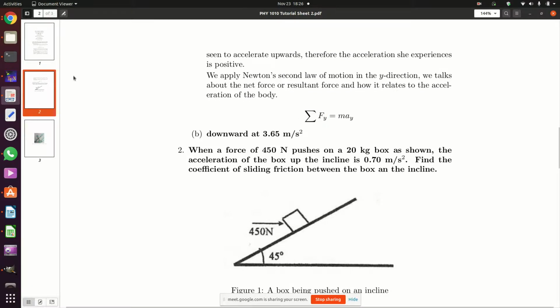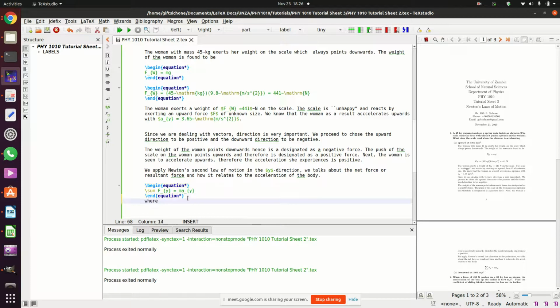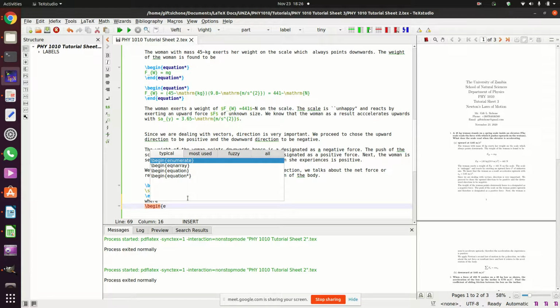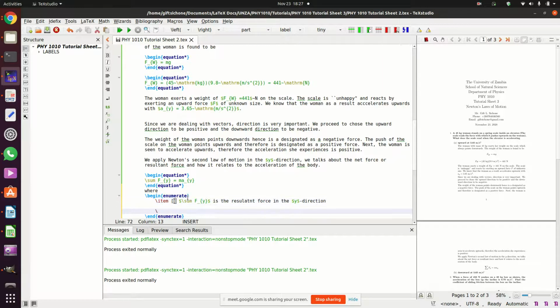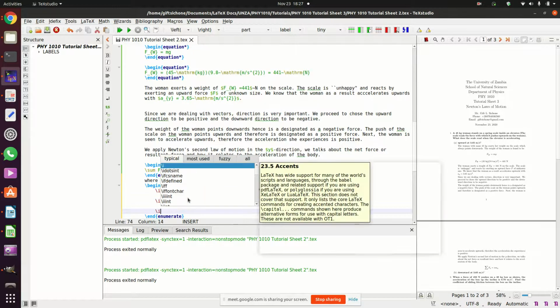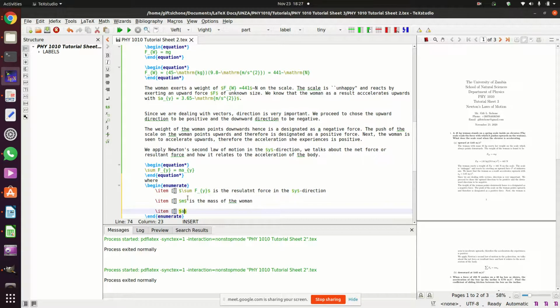This summation, the sum of F_y, is the resultant force in the y direction, where m is the mass of the woman, and a_y is the acceleration of the woman in the y direction.